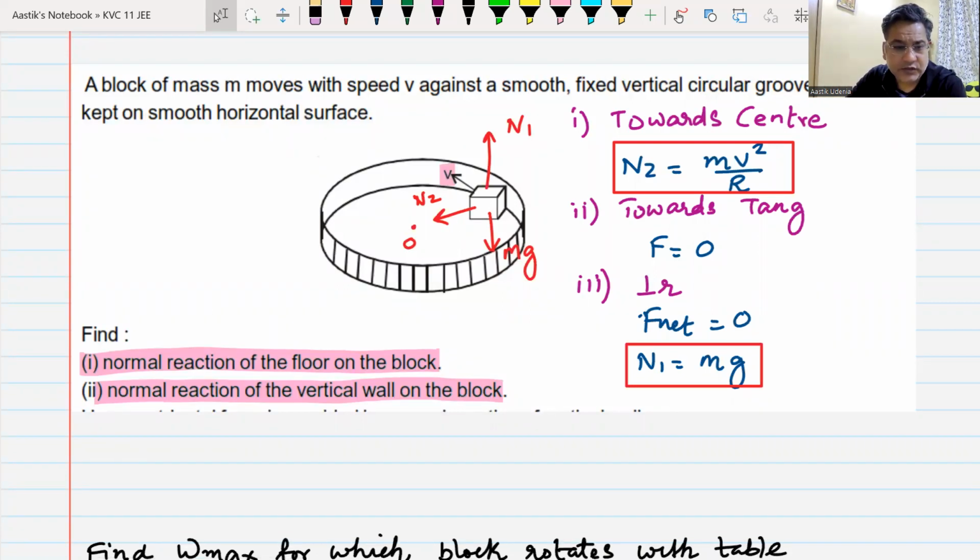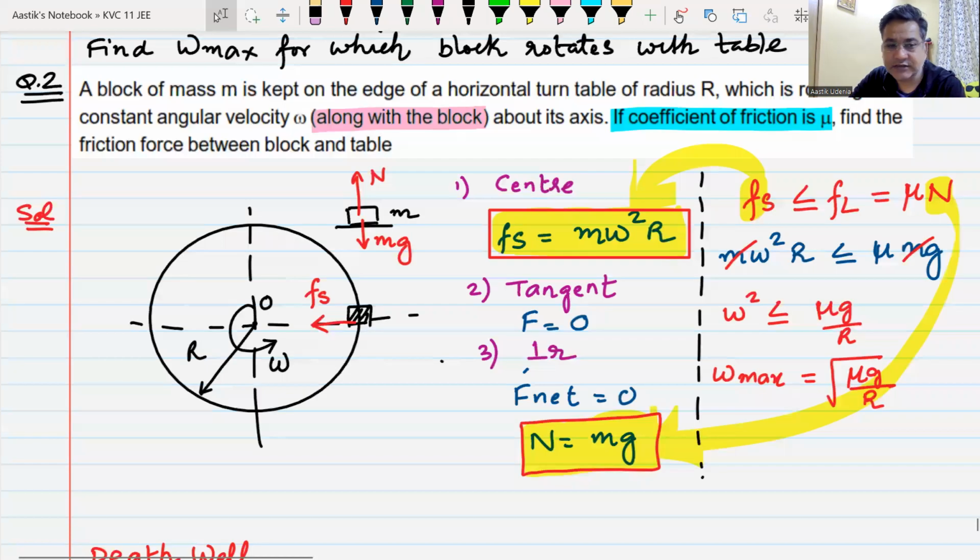We have to make equations in three directions: one towards the center, one in the tangential direction, and one in the perpendicular direction.